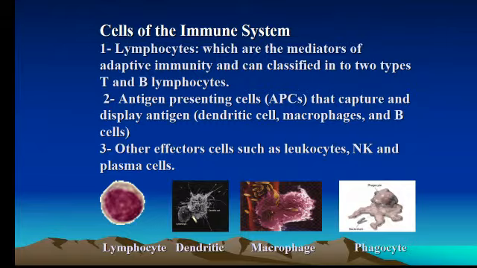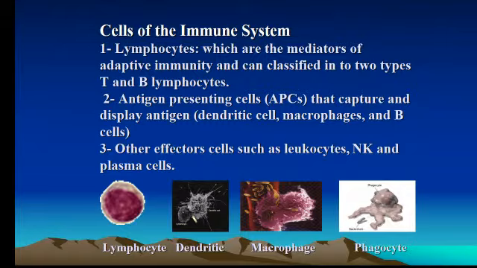These APCs capture and display antigen: dendritic cells, which have been drawn below, phagocytes, macrophages, and B cells.